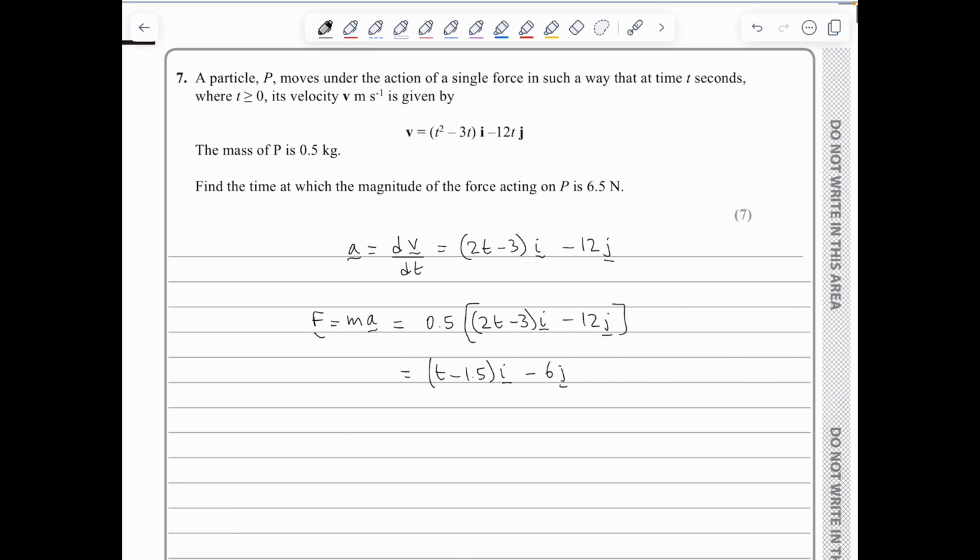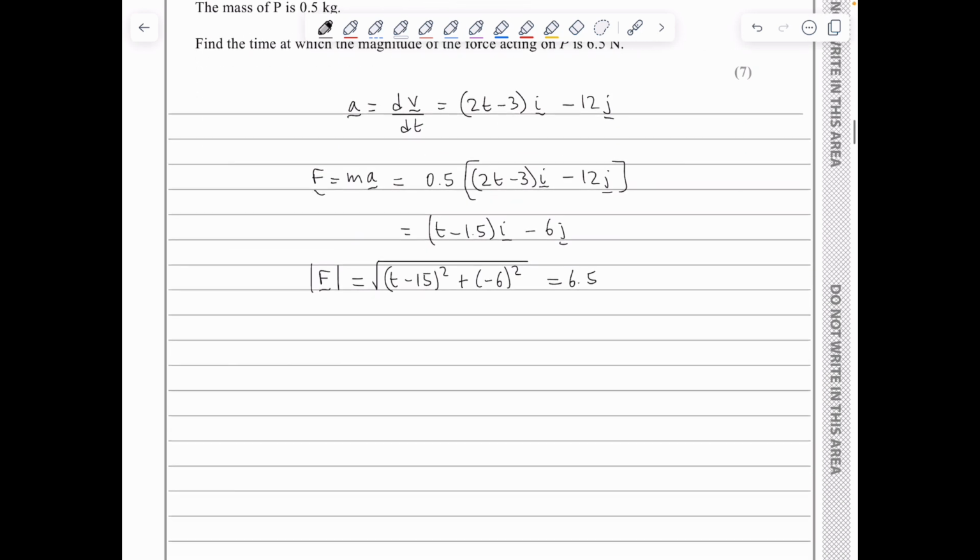Well, we have been told that the magnitude of the force is 6.5 newtons, and this can be found by taking the i component and squaring it, plus the j component and squaring that, all of it square rooted. So this is giving me an answer of 6.5. So I can remove the square root by squaring the right hand side, leading to (t minus 1.5) squared plus 6 squared is equal to 6.5 squared.